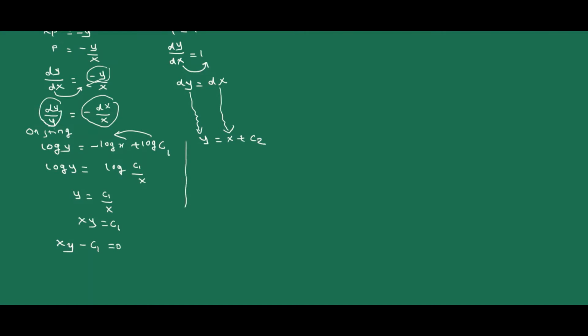And in the second one, we can write it as y minus x minus c2 is equal to 0. Therefore, the complete solution is xy minus c1 into y minus x minus c2 is equal to 0.